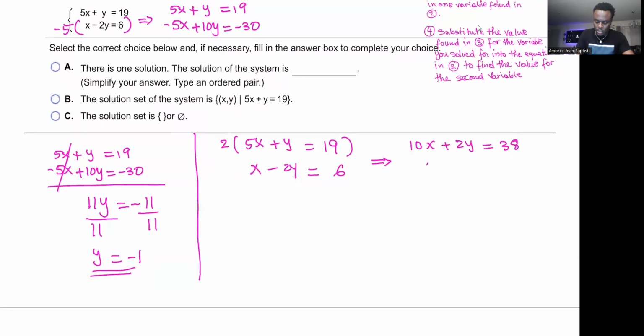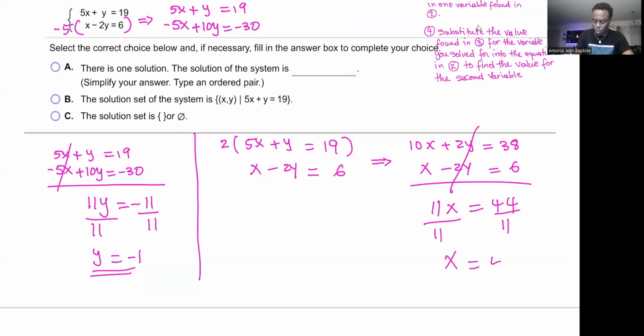And then the second one, same thing, x minus 2y equals 6. Then you add, that cancels the y, 11x equals 44. Then we divide by 11. We got x this time equals 4.